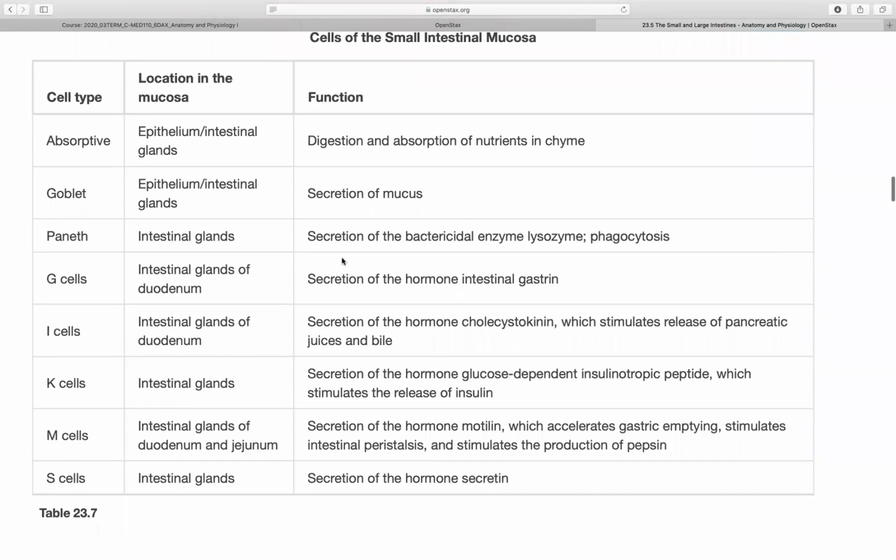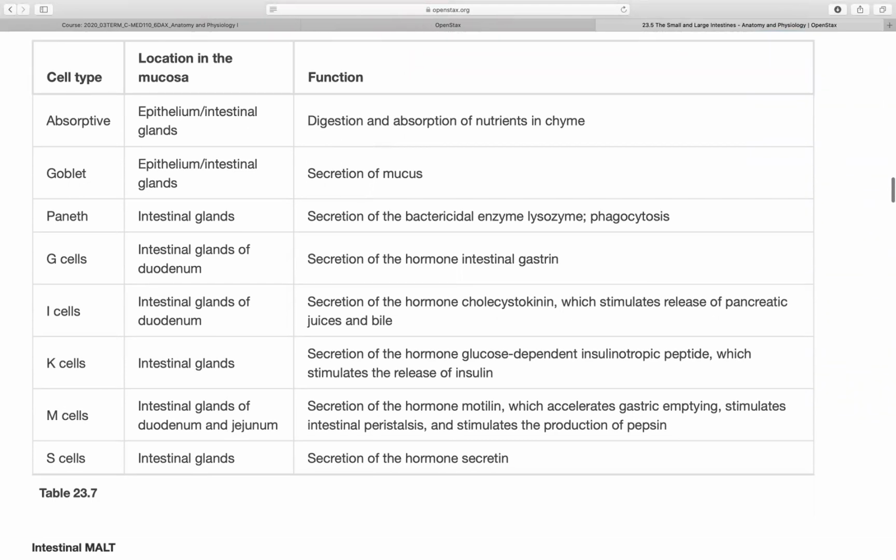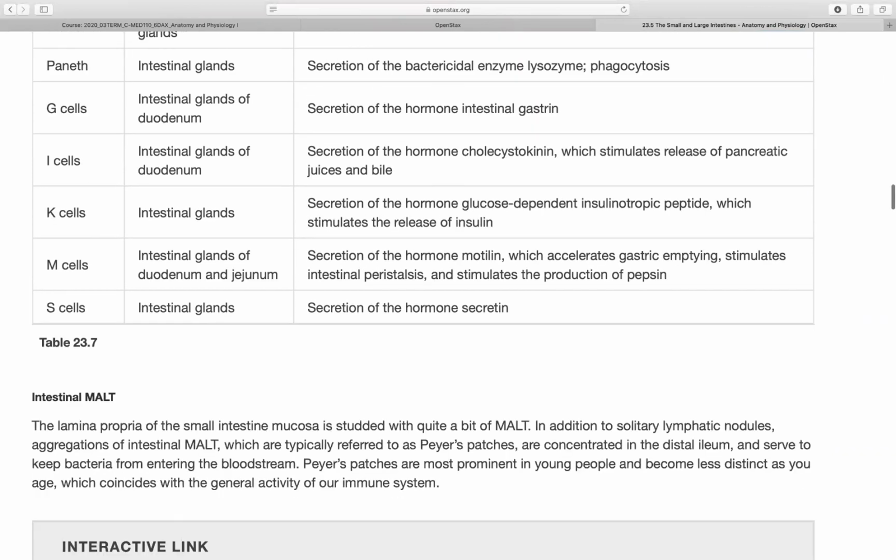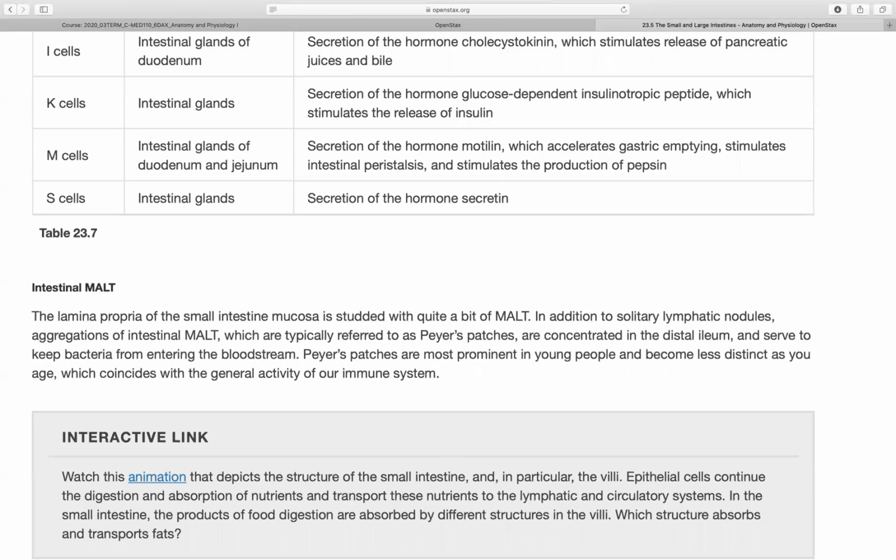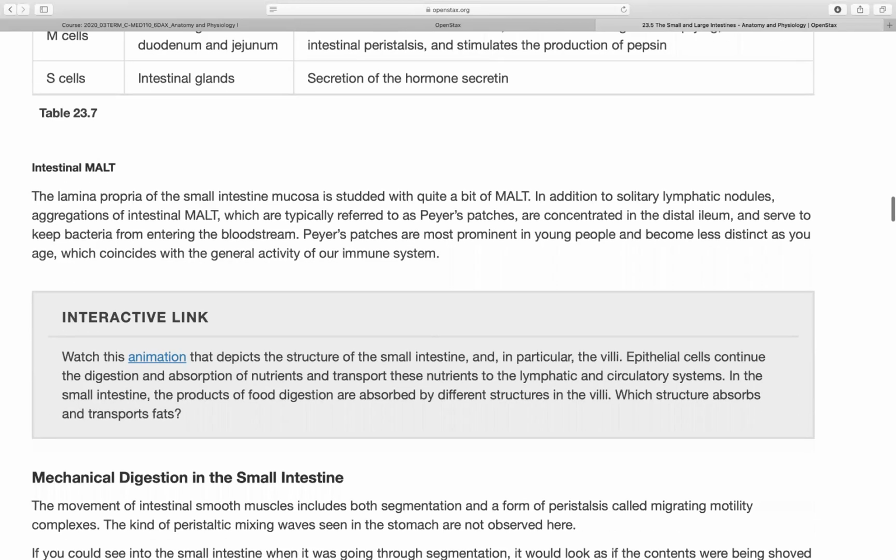And of course, it has a lot of absorptive cells, and there's different cells. We already know goblet cells do mucus, but there's Paneth cells, G cells, I cells, K cells. When we go into talking about hormones, especially in pathology, we're going to talk more about these. Now, MALT, we kind of talked about that.